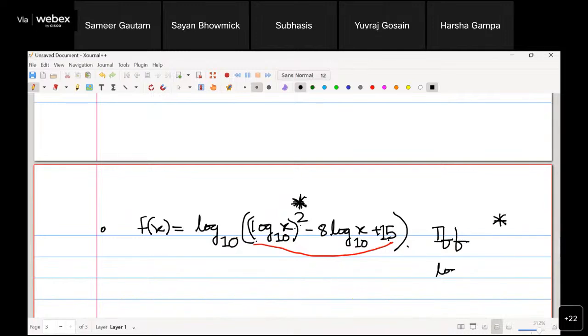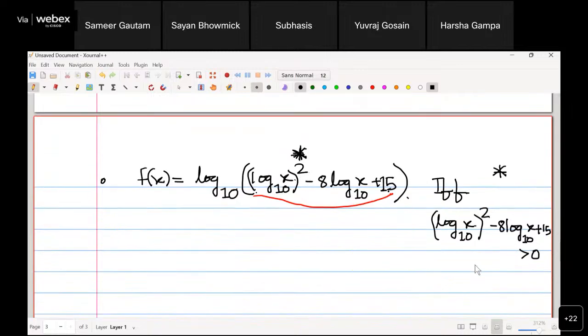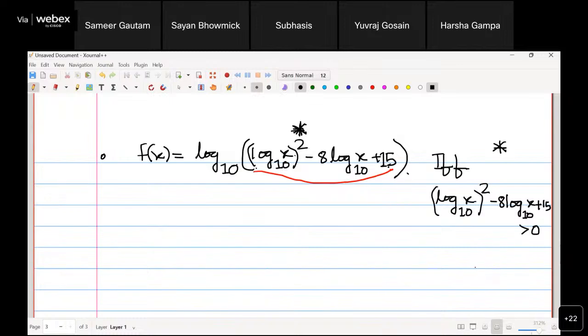Star is log 10x square minus 8 log 10x plus 15, which is greater than 0. This is defined if and only if this star is greater than 0.